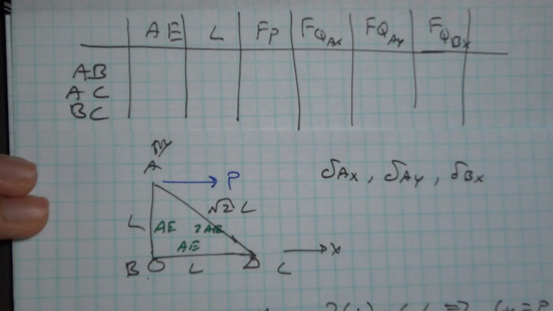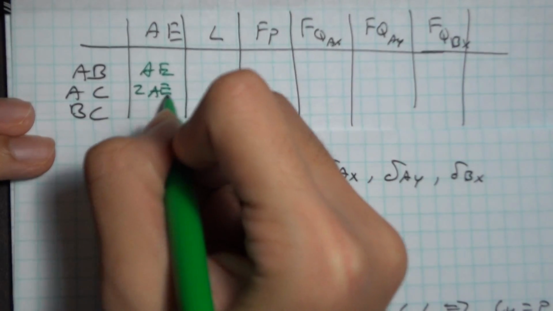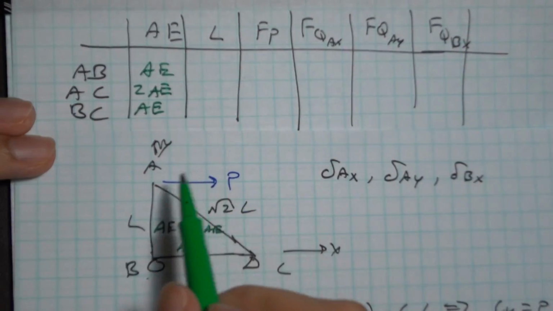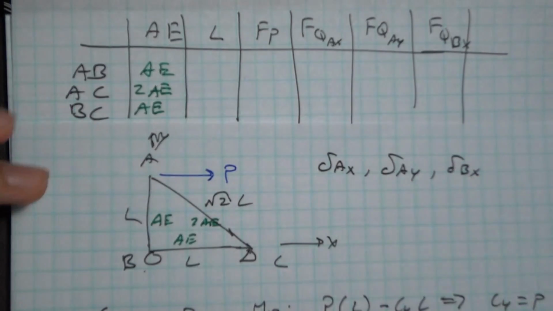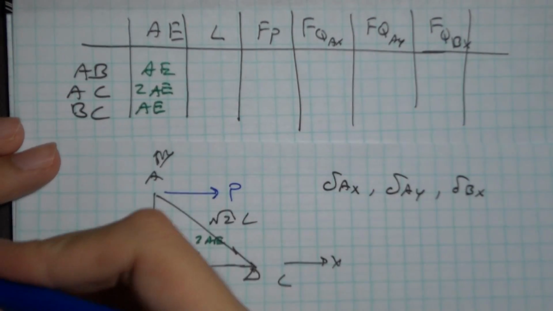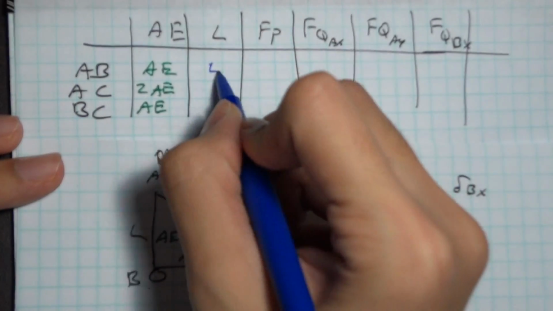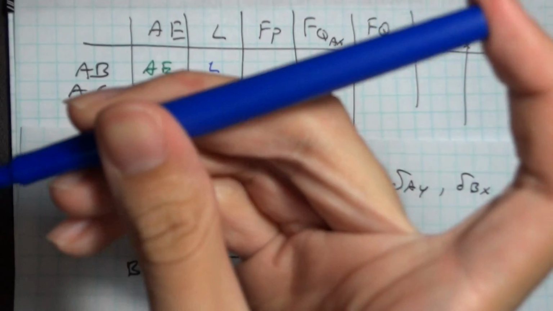So AC is the 2AE, so this is AE, 2AE, and AE. Right, because I defined AC to be 2AE. My relative lengths of these are L, root 2L, and L.